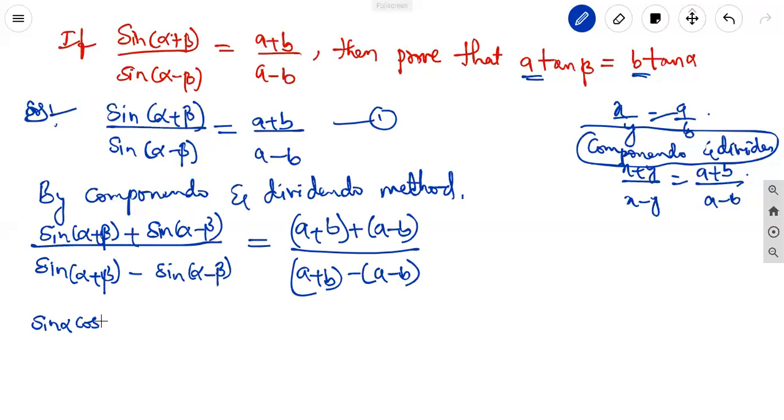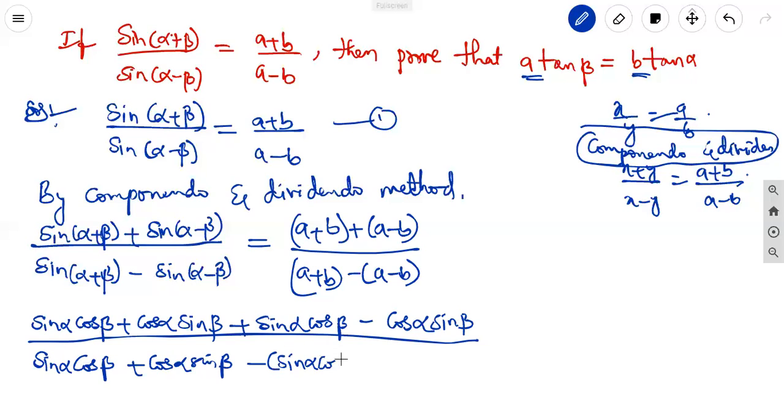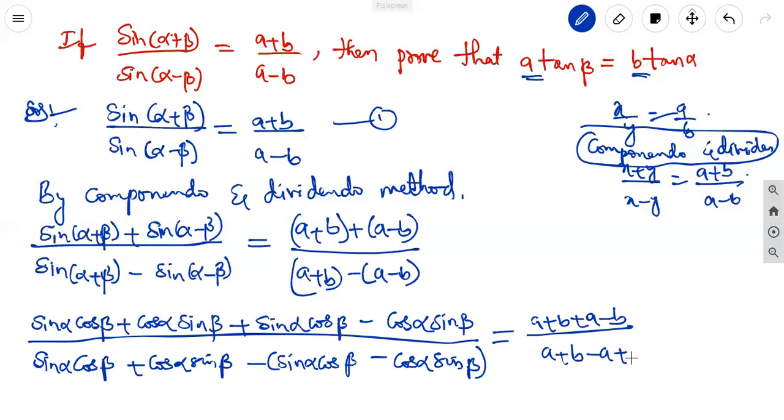Here we can expand using the sine of alpha plus beta formula: sine alpha cos beta plus cos alpha sine beta, plus the sine of alpha minus beta expansion, sine alpha cos beta minus cos alpha sine beta, divided by sine alpha cos beta plus cos alpha sine beta, minus sine alpha cos beta minus cos alpha sine beta, equal to a plus b plus a minus b by a plus b minus a minus b. Minus into minus is plus, so plus a cancels and the b terms add up.